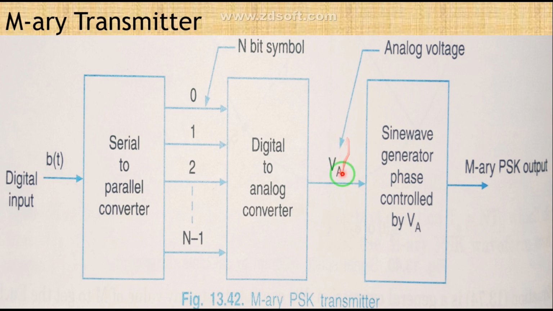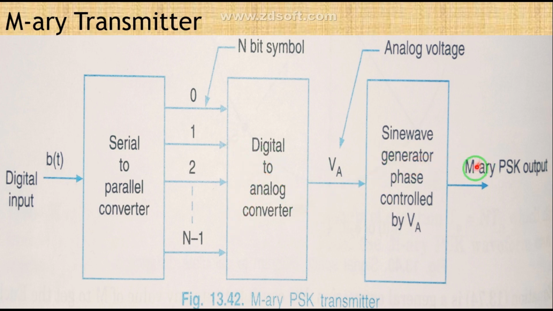Finally, this analog voltage is applied to the sinusoidal or sine wave generator, which produces a constant amplitude sinusoidal output voltage, and the phase, that is phi m, is determined by the D to A converter output VA.